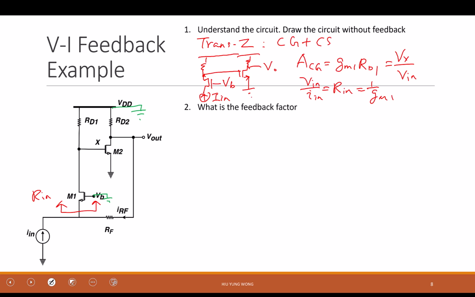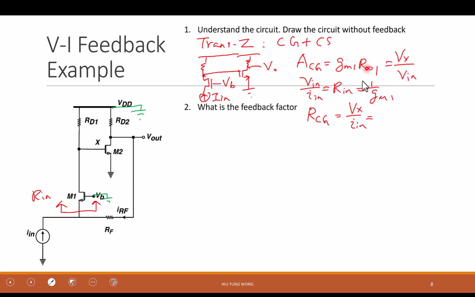So with this, I'm going to write this. Actually I care about the transimpedance gain of the common gate, which is Vx divided by Iin. Make sense? Now based on this equation, I know that Vx equals Vin times gm1 RD1, because it's common gate.